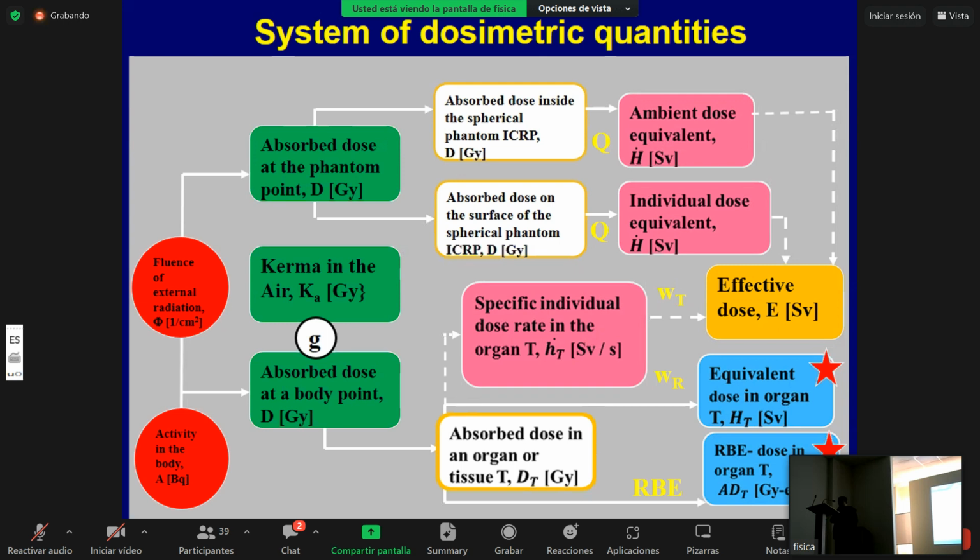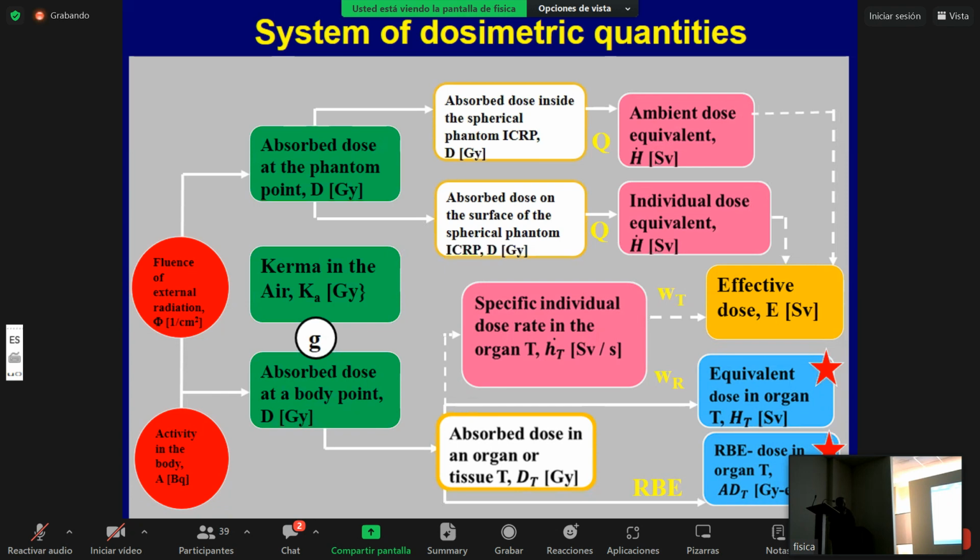Blue color indicates the values for estimating the probability of developing radiation effects. Yellow color indicates the quantities that determine the requirements for the state of radiation safety, like effective dose. Purple indicates values to demonstrate compliance of the state of radiation safety with regulatory requirements.